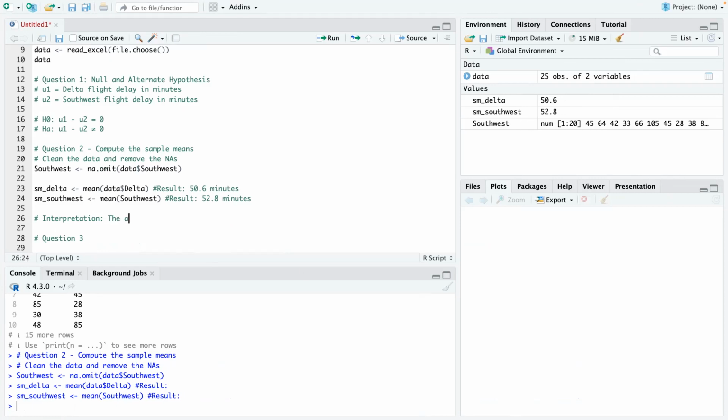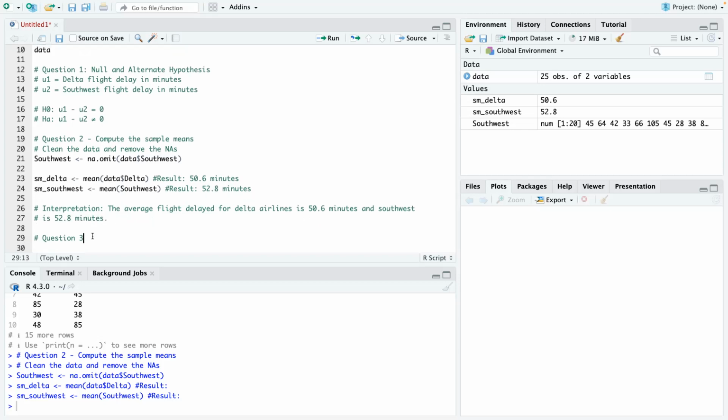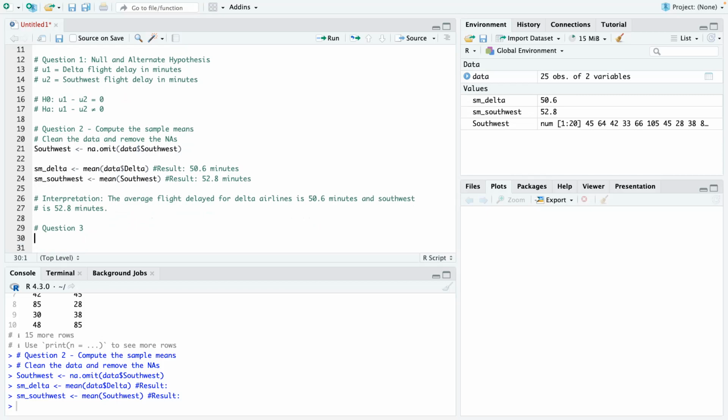Let's say the average flight delay for Delta Airlines is 50.6 minutes, and Southwest is 52.8 minutes. So that's going to be our interpretation.